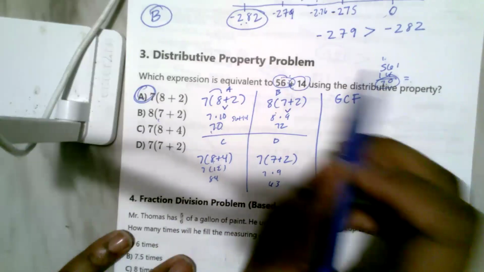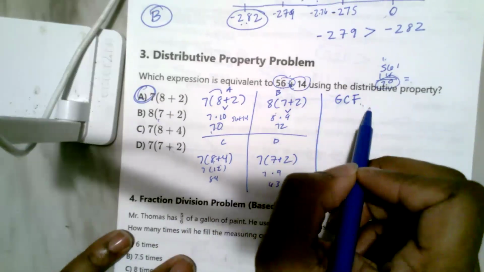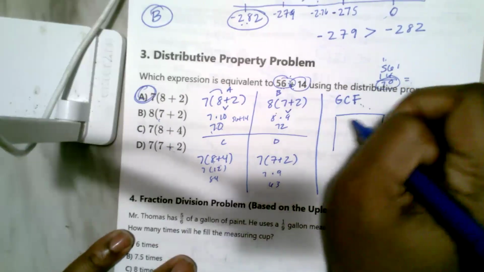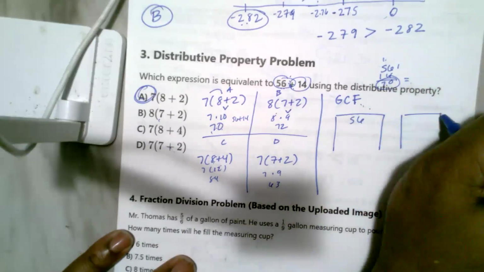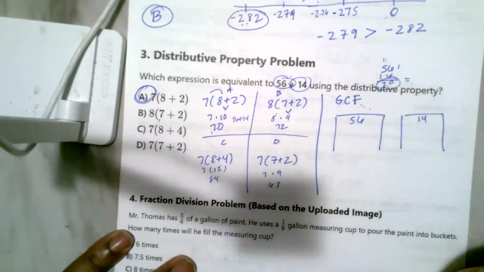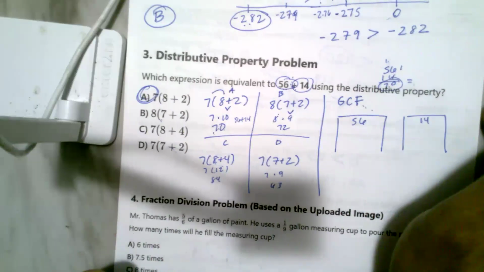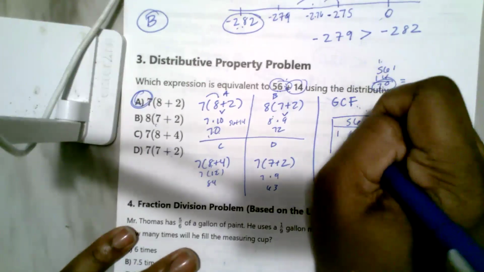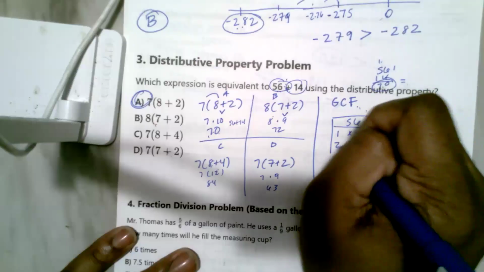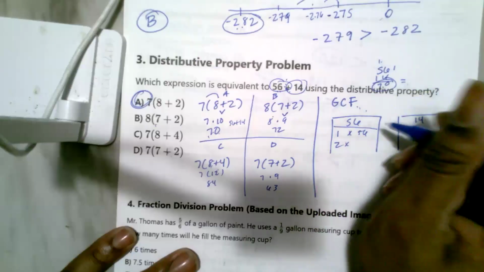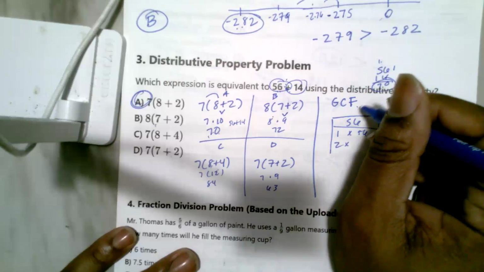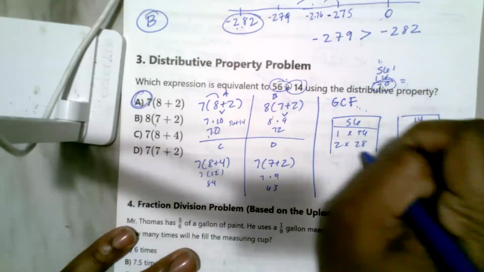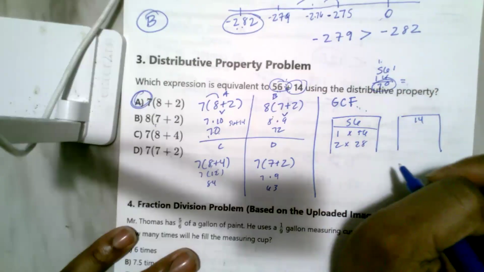Now, you can use the greatest common factor to help you out. Here you have 56, and here you have 14, right? So 1 times 56 is 56, 2 times 28. Does 3 go into 56?